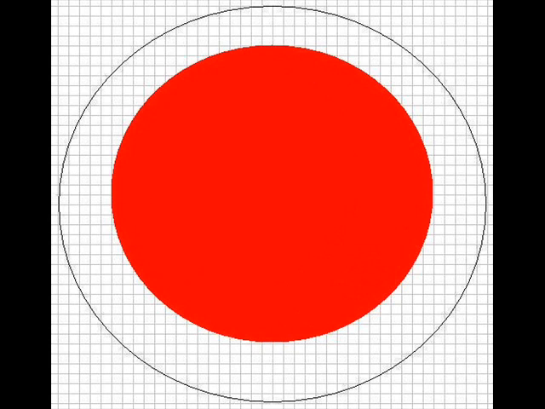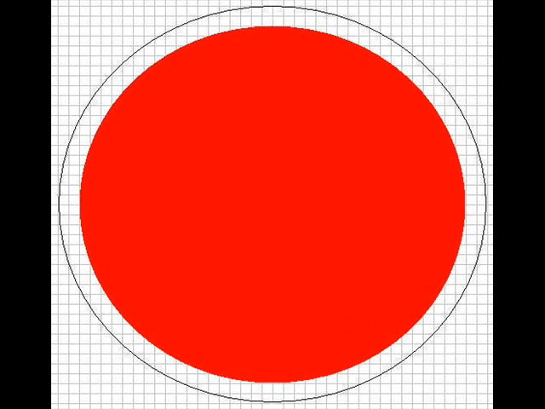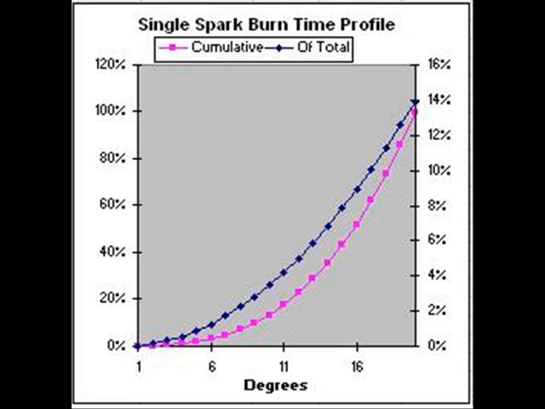This burn time is constant, although it frequently is described as degrees of crankshaft rotation, which will vary with the speed of the engine. If we consider a burn time duration of 20 degrees, we see that a significant amount of the burn occurs after the piston already has moved part way down in the cylinder.